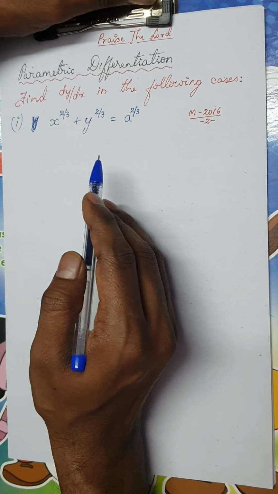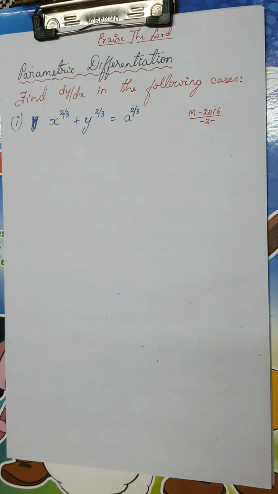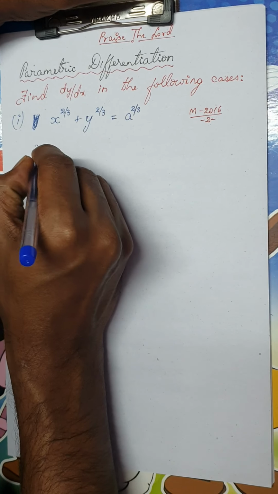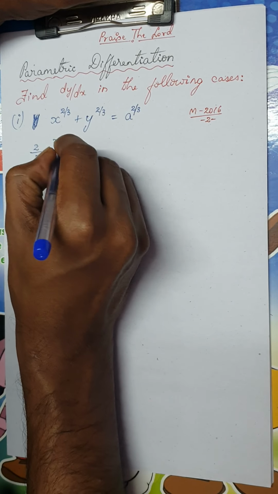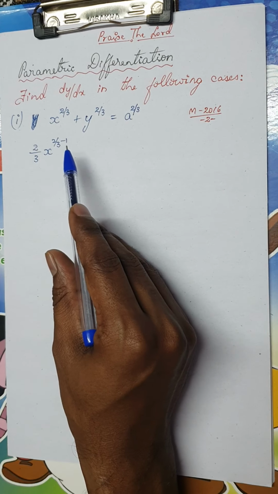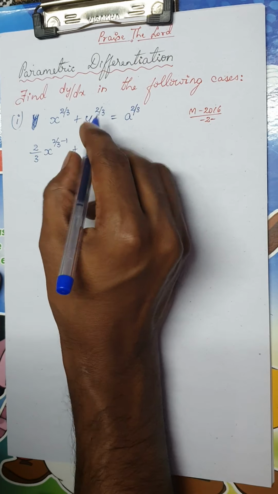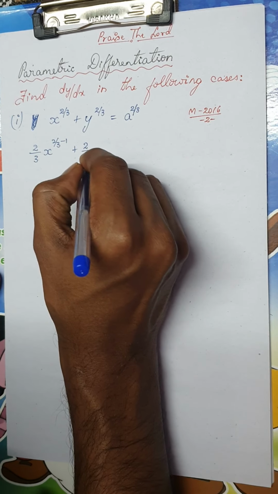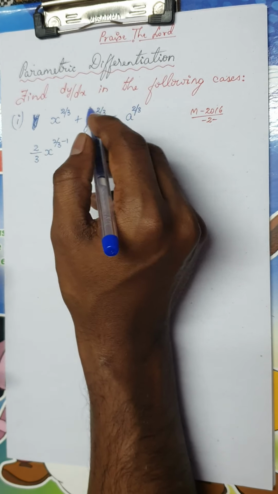Moving on, let us differentiate x power 2 by 3. This is of the form x power n. What is the derivative of x power n? We know it is n into x power n minus 1. So it is 2 by 3 into x power 2 by 3 minus 1. Similarly, plus the derivative of y power 2 by 3, remember, we are using implicit function differentiation here.